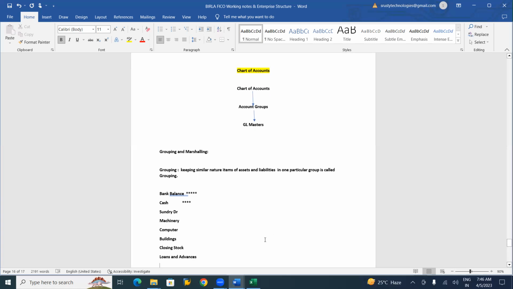And I have some more items called bills receivable.